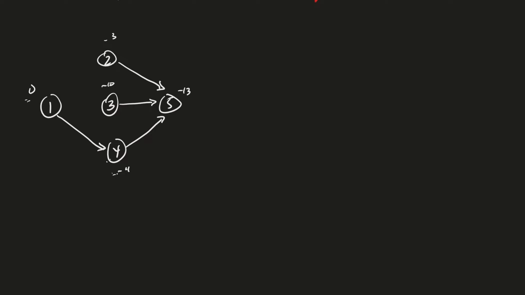So c45 is y4 minus y5, and this cost for 4,5 was 1, and y4 was negative 4, and y5 is our unknown, so therefore y5 is minus 3. It was minus 13, so that's an increase of 8.